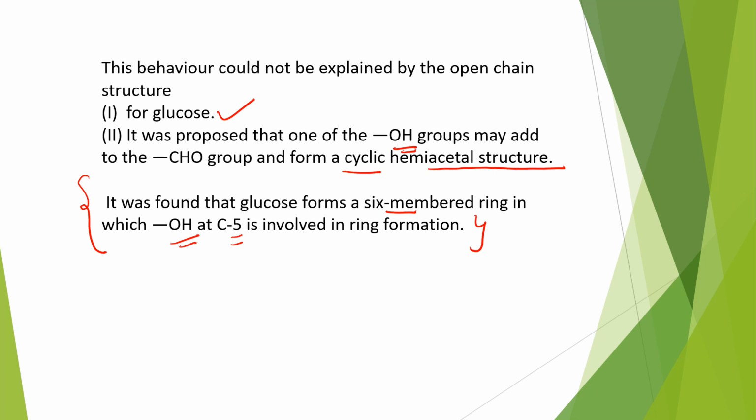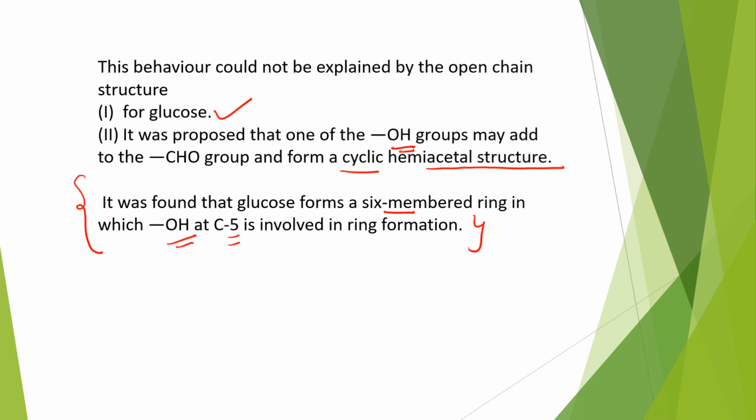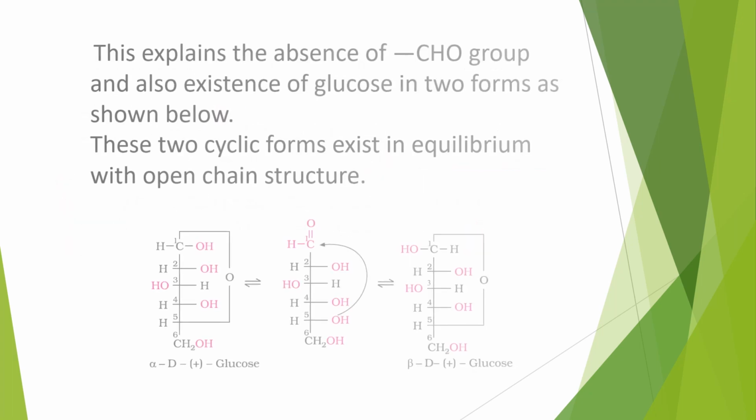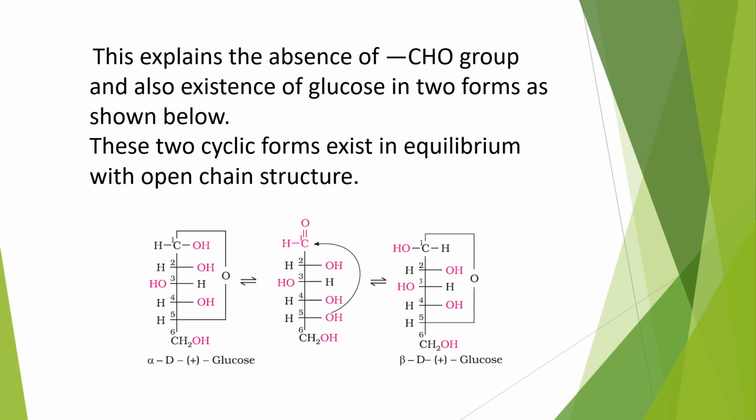Now next, those reactions explain that the CHO group is absent, which is free, and also the existence of glucose in two forms as shown below, that is alpha form and beta form. These two cyclic forms exist in equilibrium with the open chain structure.